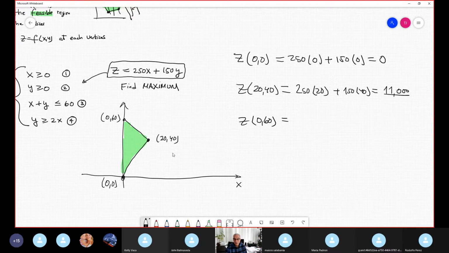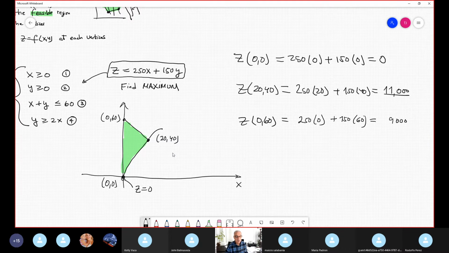Wow, it's exactly the same value I got. However, to make sure that this is the maximum or not, I plug in the other corner, which is 0,60: 250 times 0 plus 150 times 60. And the answer is 9,000. So in conclusion, the value for C at that point is 0.